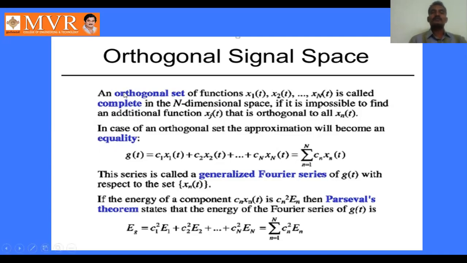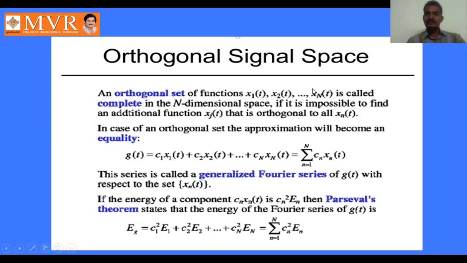An orthogonal set of functions x1(t), x2(t) up to xn(t) is called a complete set if it is impossible to find an additional function xj(t) that is orthogonal to all xn(t). Here we have the orthogonal set x1(t), x2(t), x3(t), x4(t) up to xn(t).